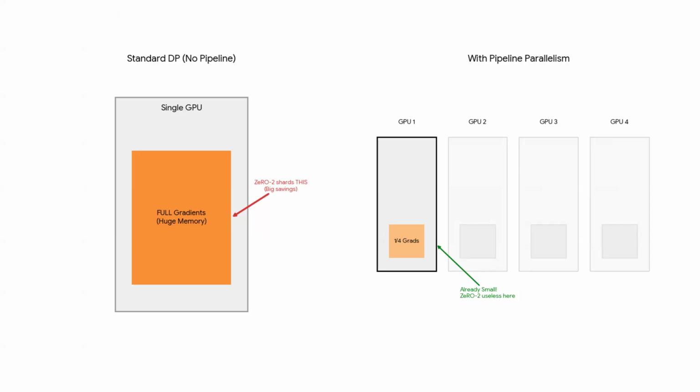You shard fewer things, so there's a smaller surface for failure, and you already have enough savings from sharding the gradients because you do pipeline parallelism. So this is Claude's best understanding, and I don't have any objection to what Claude thinks in this regard.